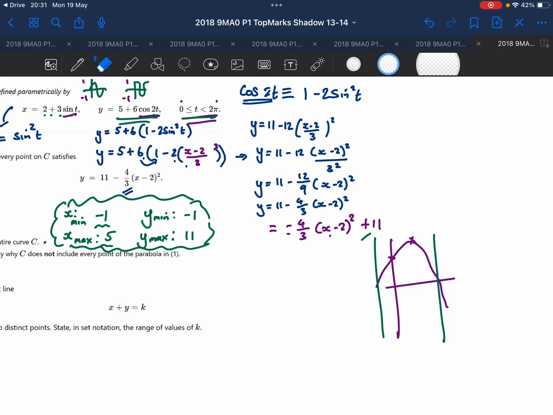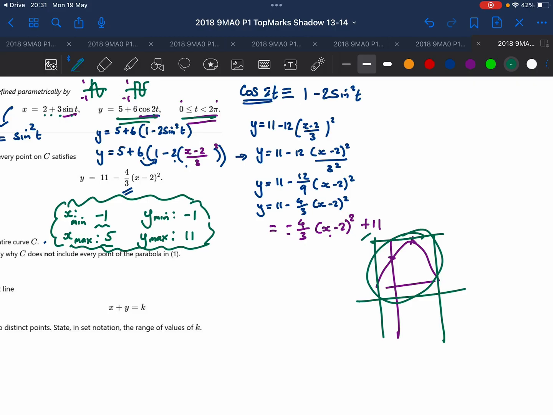I'm just talking about the idea of domain and range, really. That's what we're doing. Y going down to -1 and going up to 11. So we've come up with a box that the quadratic is going to be in. So it's part of a quadratic that exists just in this box.